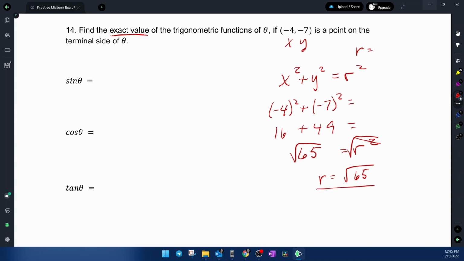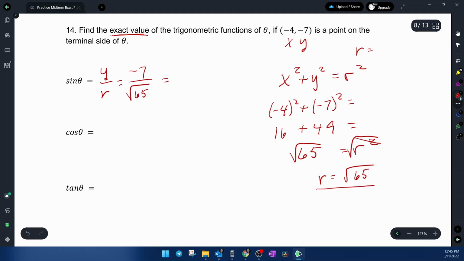Now you're going to need to know the ratios for sine, cosine, and tangent. If you're not in the unit circle, sine is y over r, which in this case would be negative 7 over square root of 65, which needs to be rationalized, giving us negative 7 square root of 65 over 65.